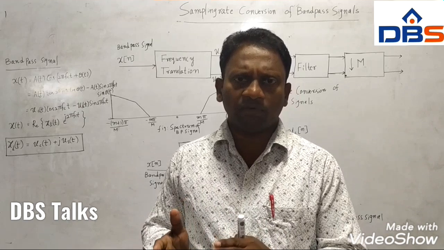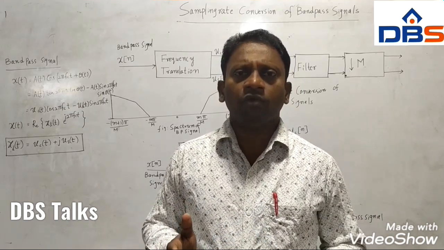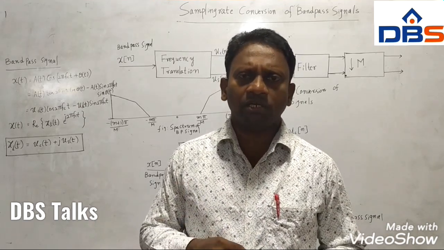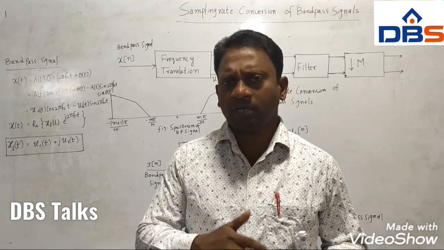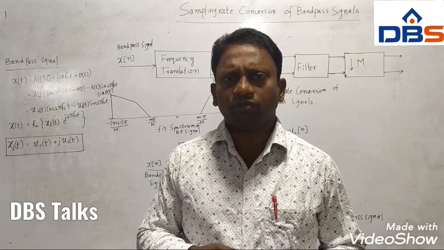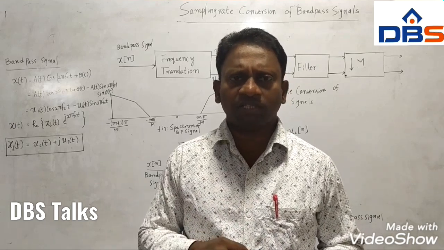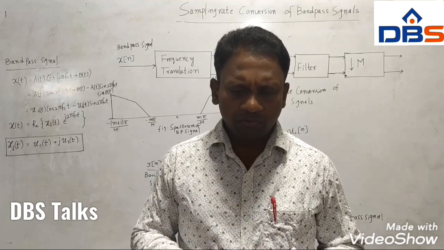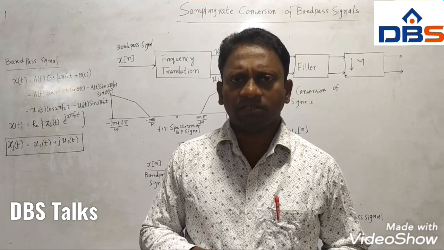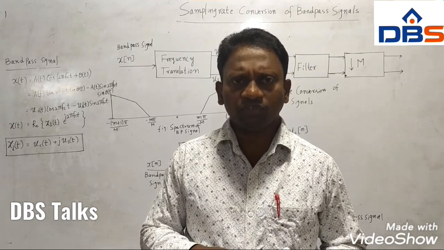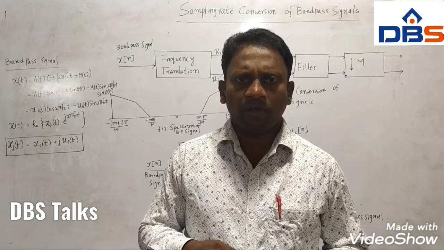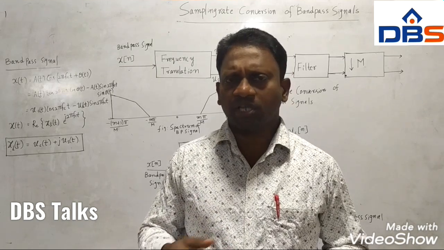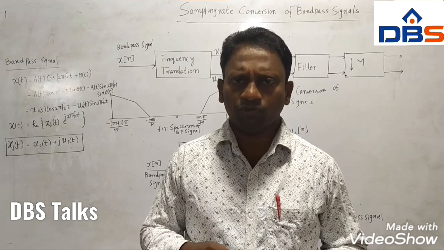After converting to the high frequencies, we transmit the signal through the channel, and after propagating through the channel, it is finally received at the receiver. Now in most of the mobile communication, we use this sampling rate conversion of bandpass signals. Almost every communication system is going to use this.